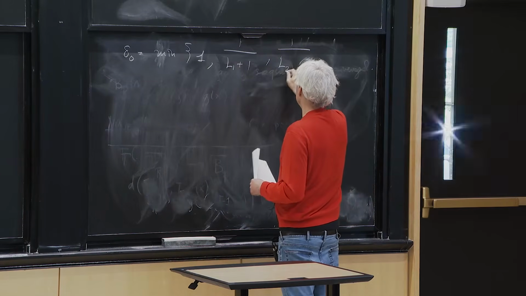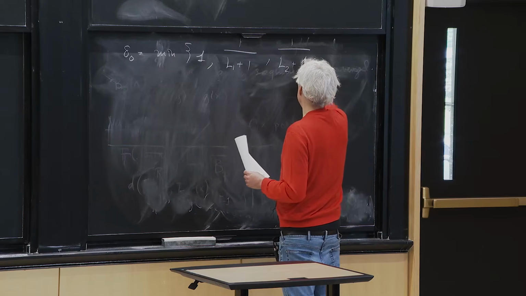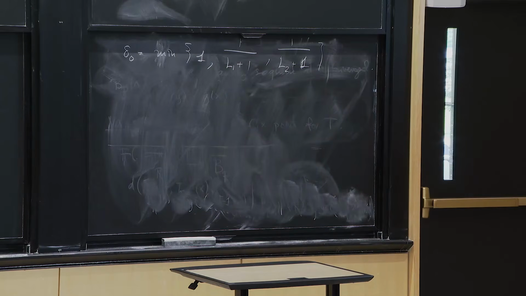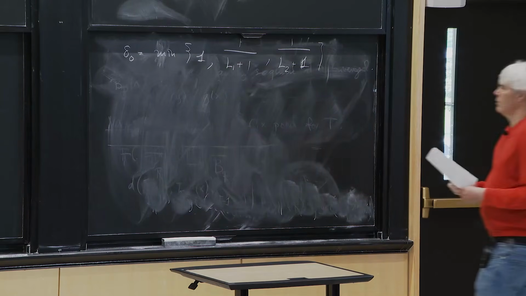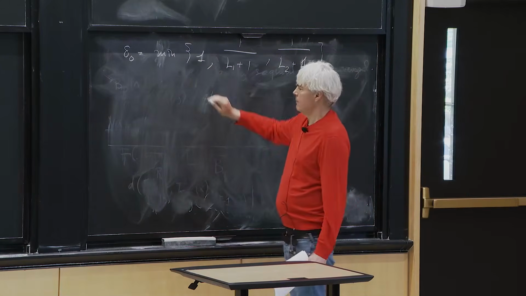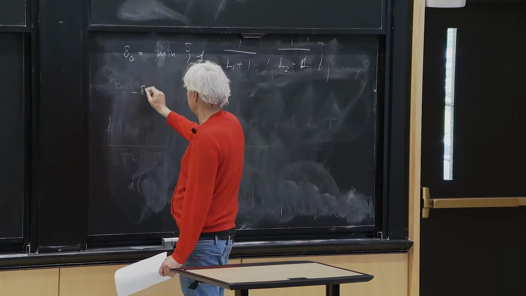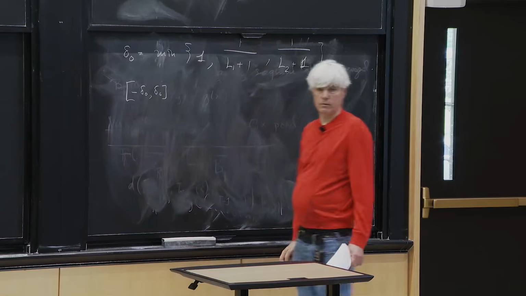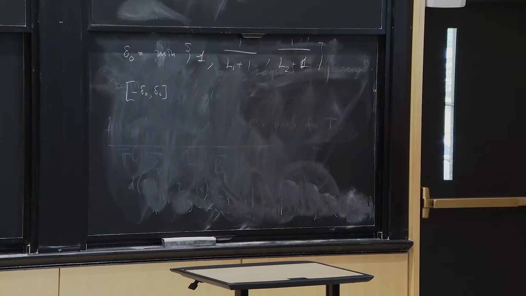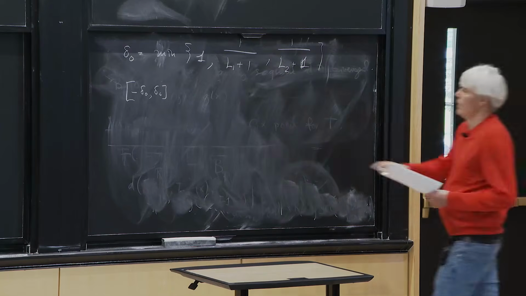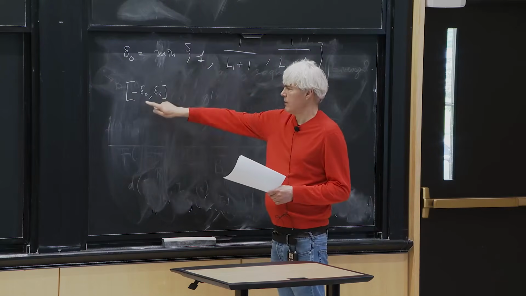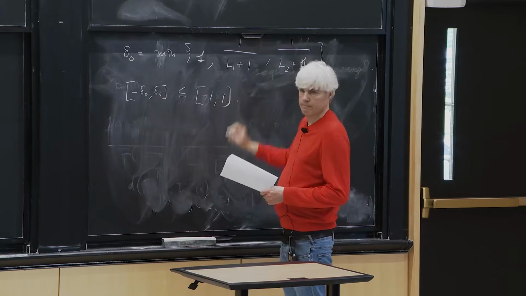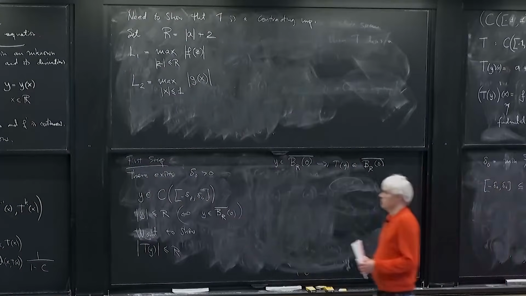And L2 could also be 0, although it's pretty unlikely, but to be safe I'm adding 1 so I don't divide by 0. Then I'm going to look at the interval from this, and this is not going to be my final. I will have to do some further restriction. The 1 here just comes in because I want this to be a subset of the unit interval.